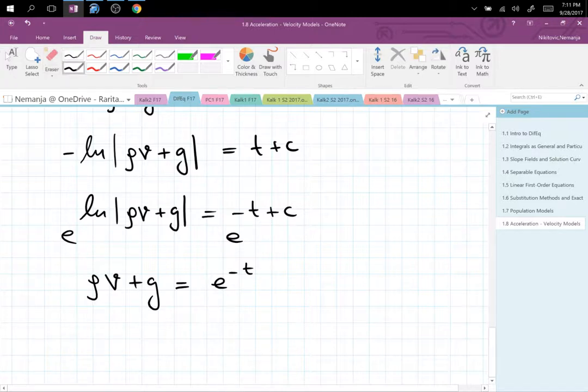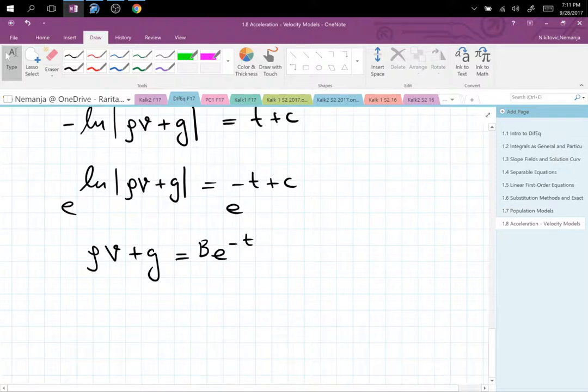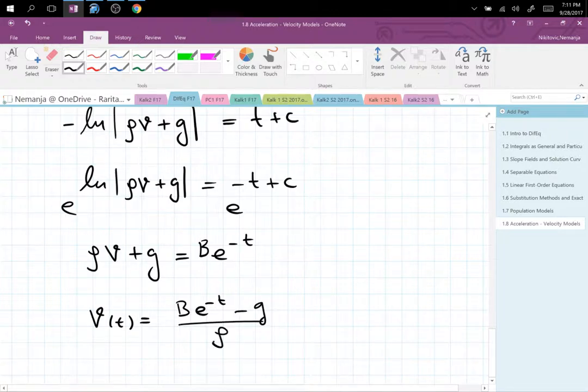You know what, let me call it capital B again, and then we'll figure it out. So what I need now is to subtract g on both sides, divide by rho. So v of t, which is the velocity, is going to be B e to the negative t minus g, everything divided by rho.